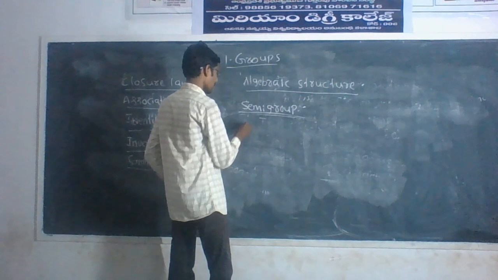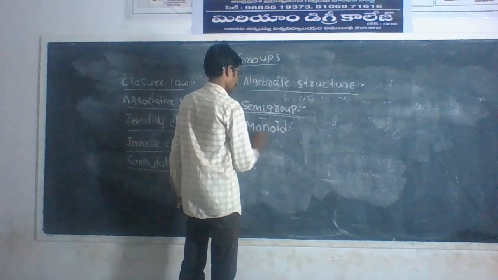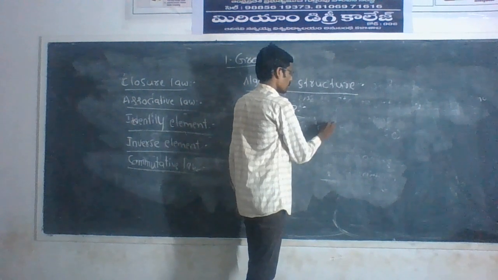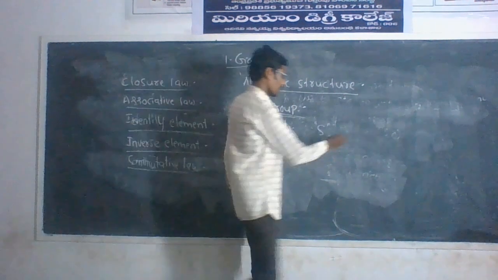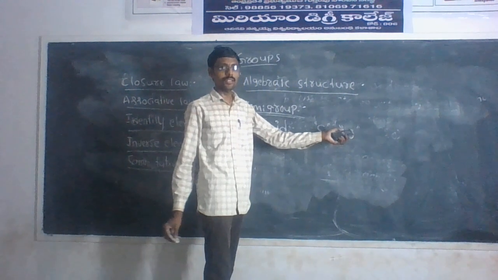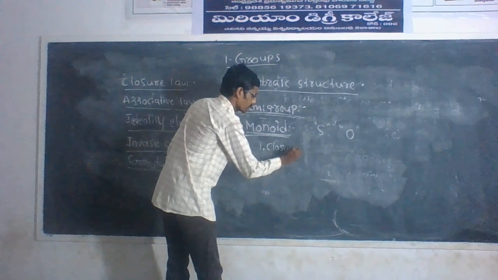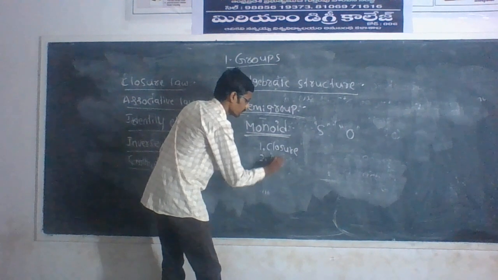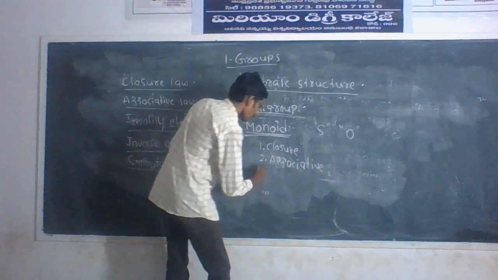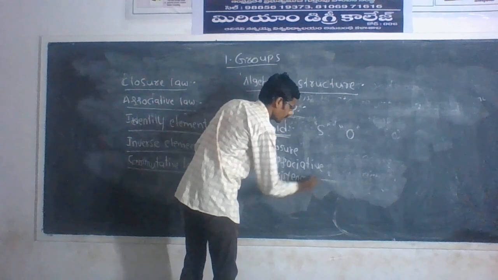Next one, monoid. A non-empty set S together with a binary operation circle is called a monoid if it satisfies the following properties: closure, associative, existence of identity.